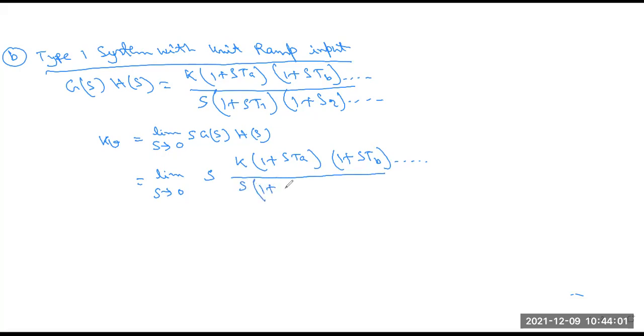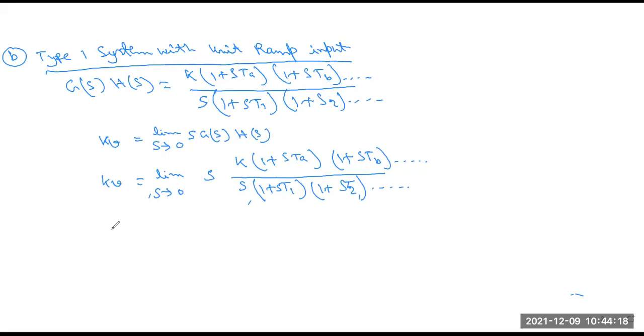And the poles are S into (1 plus ST1) into (1 plus ST2) and so on. So this Kv is basically the velocity constant.